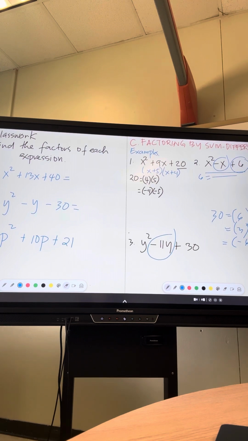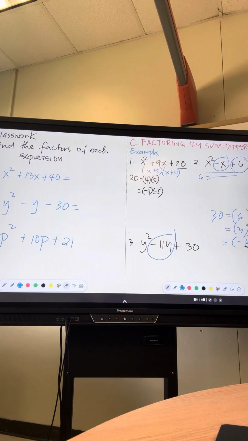Alright, if you are going to add, because you need to consider the middle term, 6 plus 5, that is positive 11. Am I right? So that is not the factor that we are going to use. Another, 3 plus 10, that is 13. Since that is negative 11, we will not use this factor.